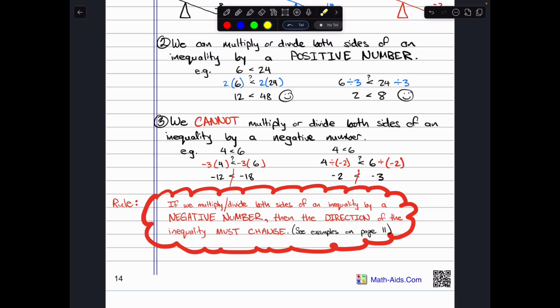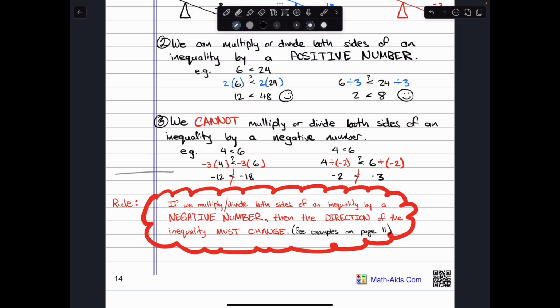But if we multiply both sides of that inequality by -3, well, -3 times 4 is -12, and -3 times 6 is -18. But hopefully you notice that -12, that's not less than -18.